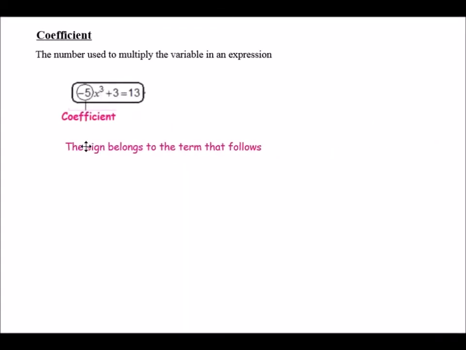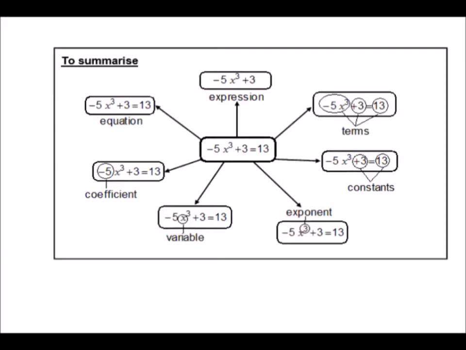The coefficient, remember what we said, the sign belongs to the number before the variable. The sign belongs to the term that follows. To summarize, please go and learn those facts and be able to identify them.